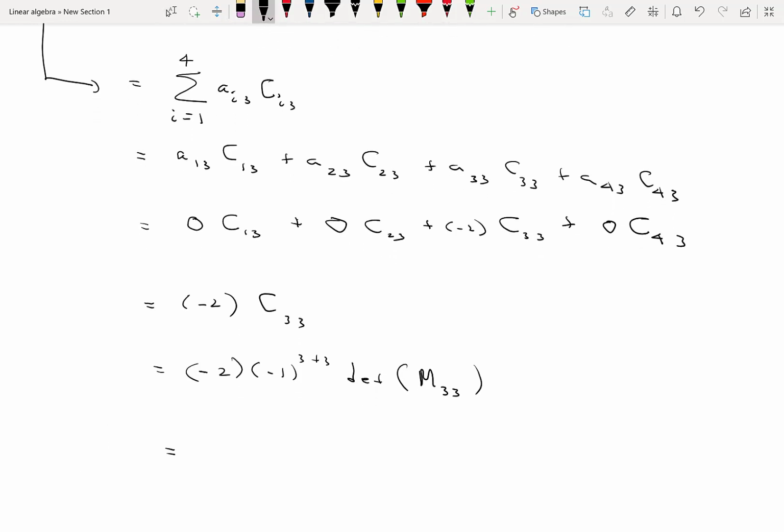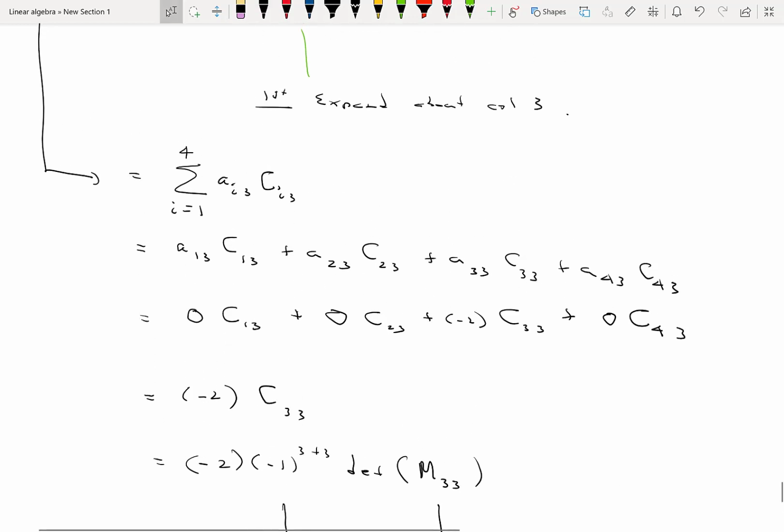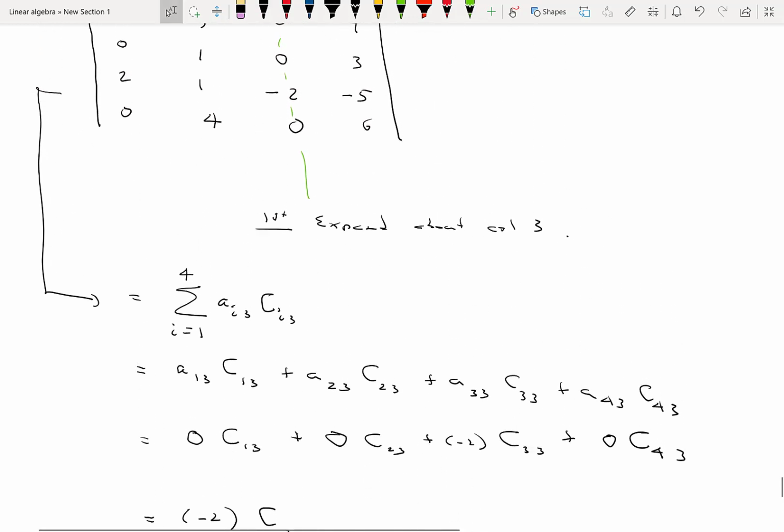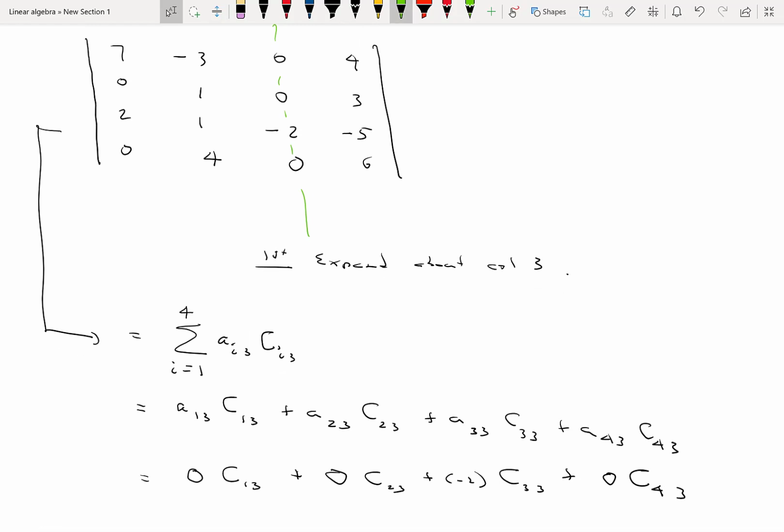This becomes negative 2 times the determinant of what? The 3 minor. Let's get a horizontal line through row 3.